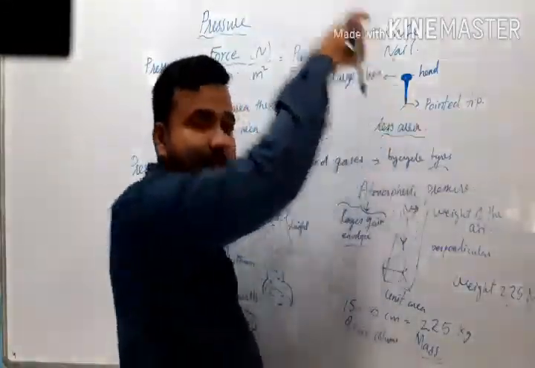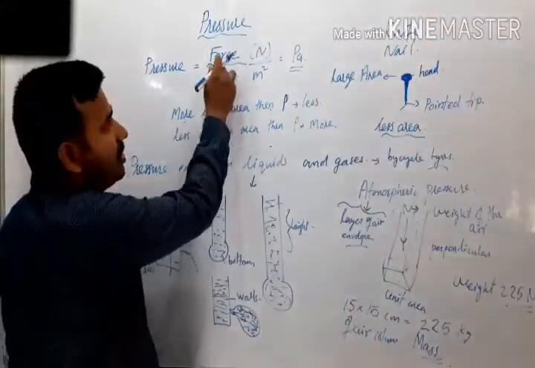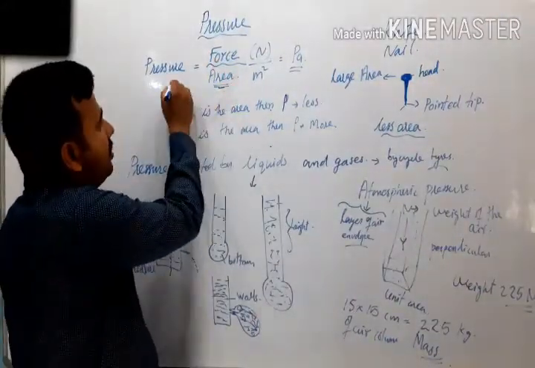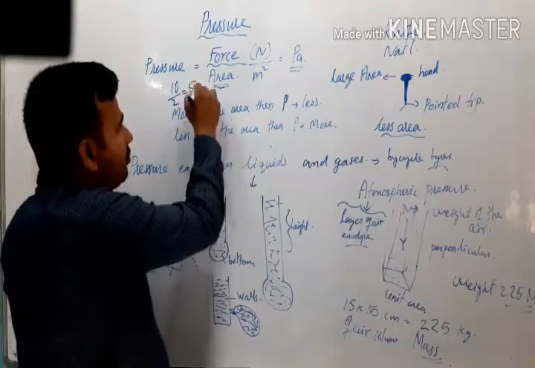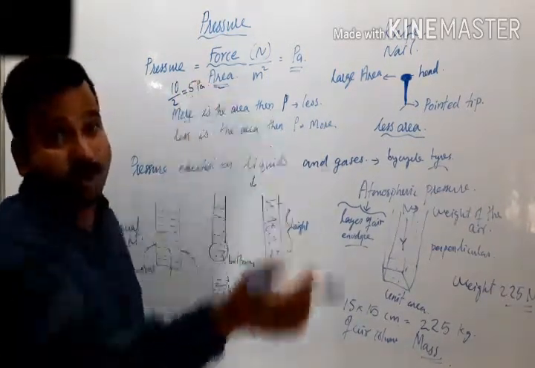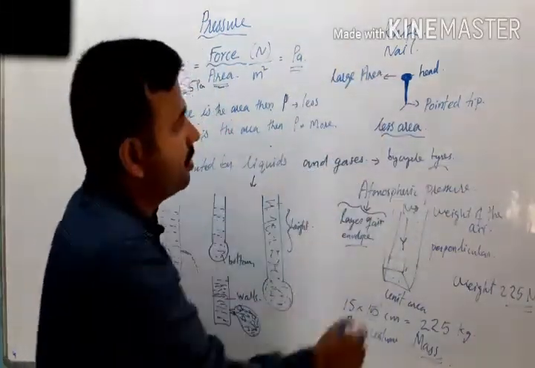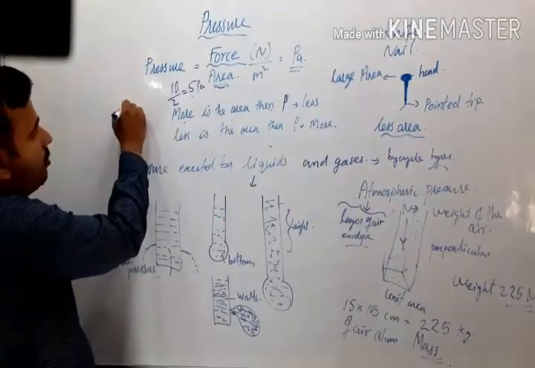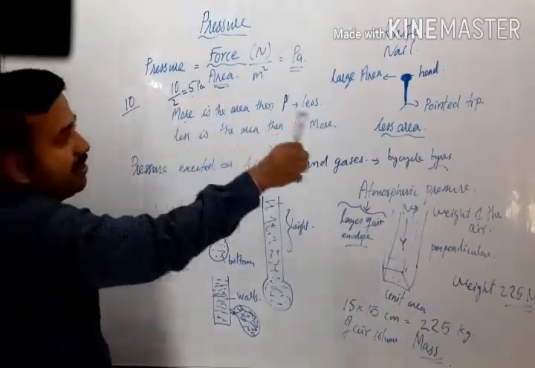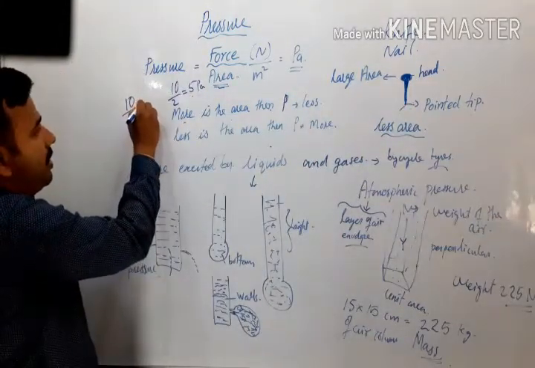The pointed end has less area, and as the area comes in the denominator, suppose it is 10 by 2, what is that? 5. So the pressure is 5 Pascal. If you keep it reversed, with the head on the surface and you apply the same force, and the area of the head you take as 5, what will happen?